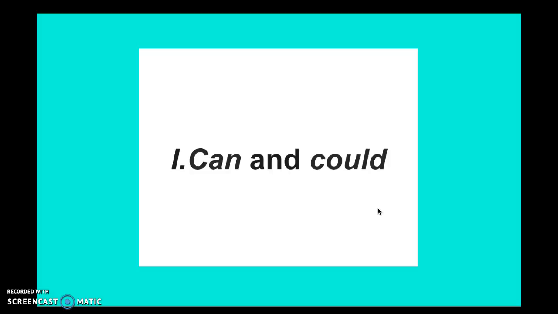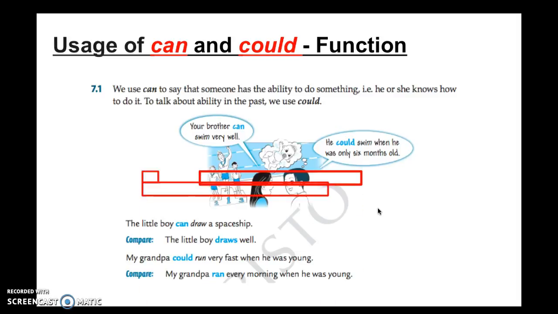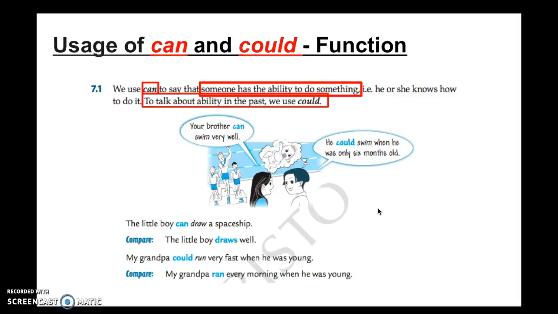So first, let's take a look at can and could. It's found that in the textbook, it mentioned can and could from the perspective of explaining functions. It says can tells people about the ability of somebody to do something, and it also mentioned the past form that students need to use, could.